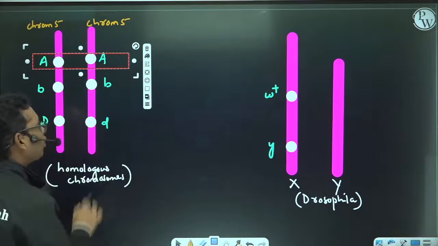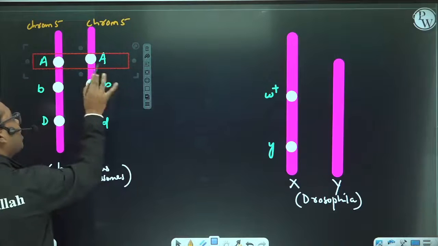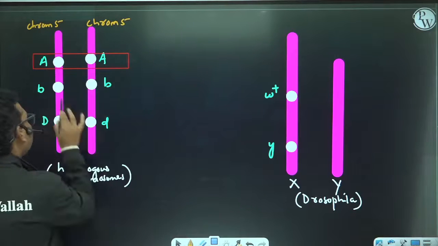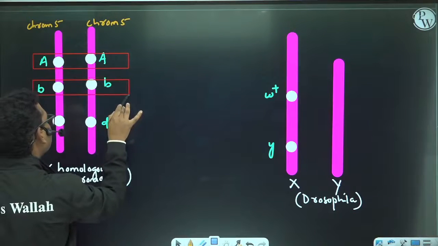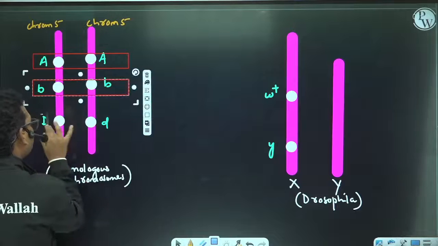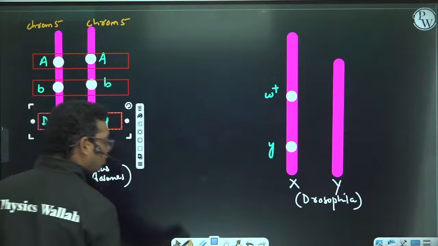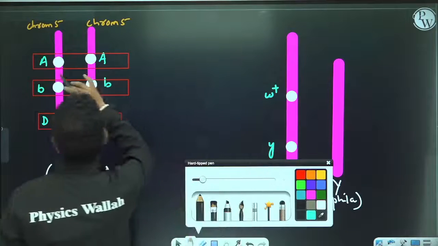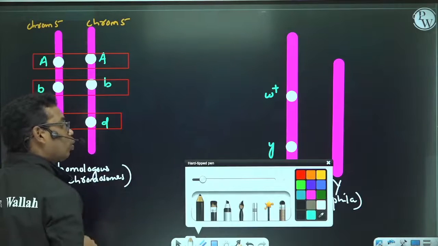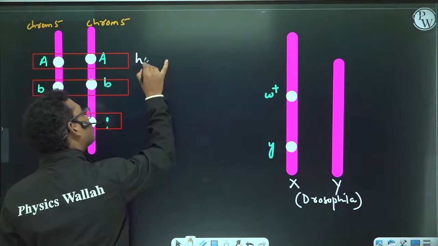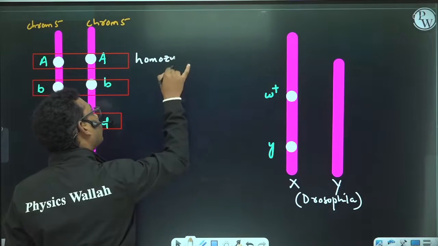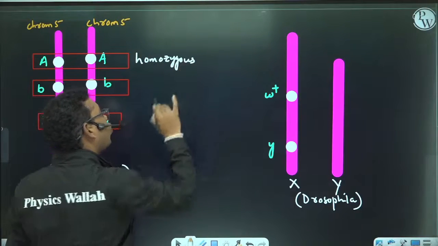You can see here, one locus has one gene and the alleles are of the same type. In this case also I'm taking one locus and the alleles are of the same type, but in this case the alleles are of different types. The condition in which the alleles are of the same type in the same locus is called homozygous condition. What do you call that condition? Homozygous condition.